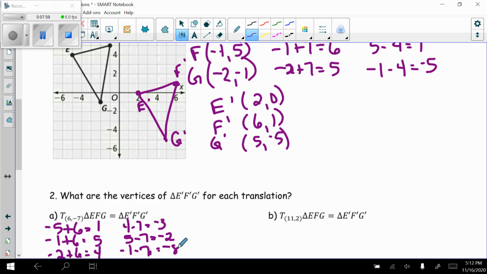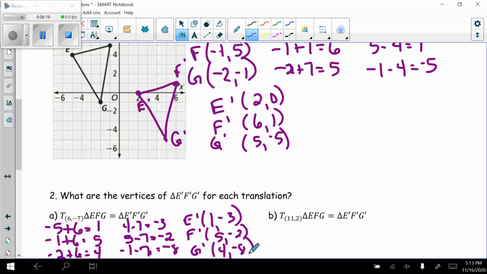So now my new coordinates. E prime is at 1, -3. F prime is at 5, -2. And G prime is at 4, -8.